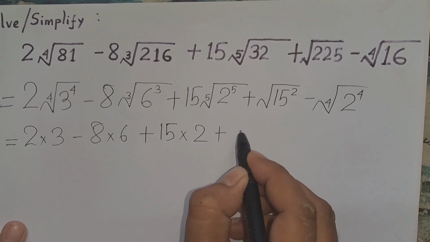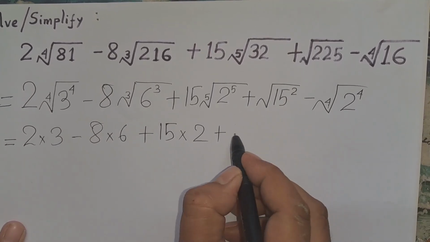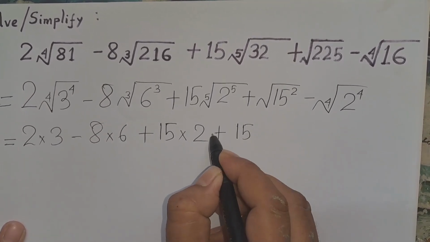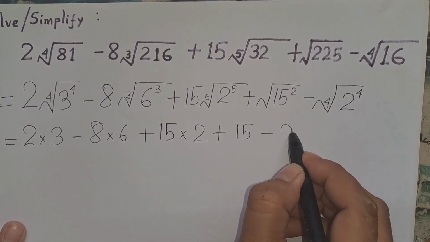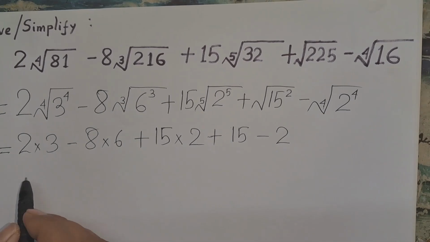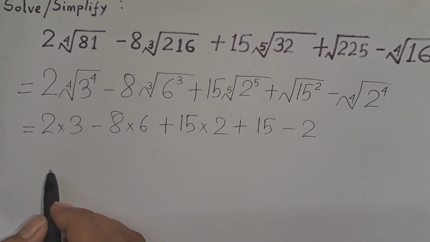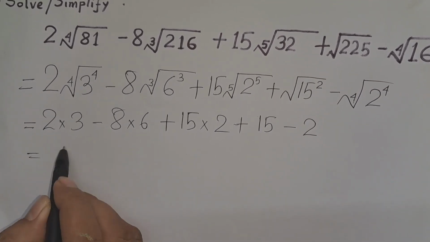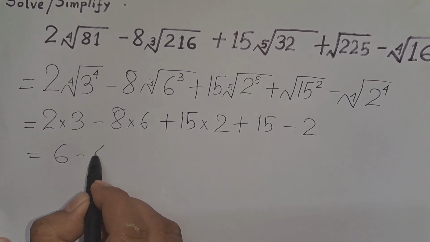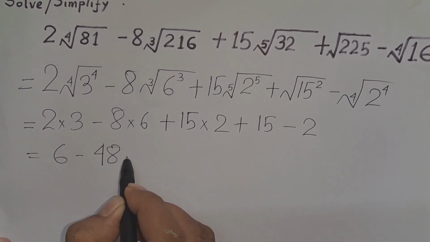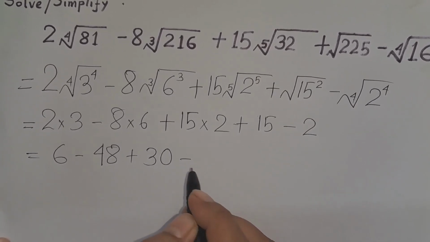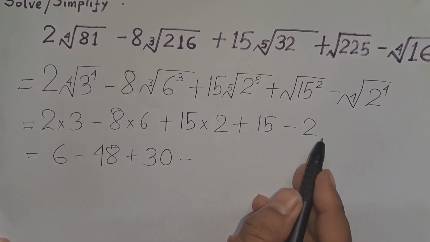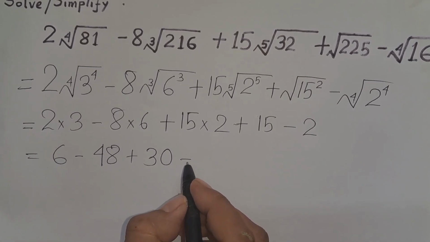15 into 2 to the power 5 into 1 by 5, that means simply 2, plus 15 square into 1 by 2, that means simply 15, minus 1 by 4, 4 into 1 by 4, 2 to the power, that means simply 2. Now the simple equation: 6 minus 8, 6 48, plus 30, plus 15, minus 2.